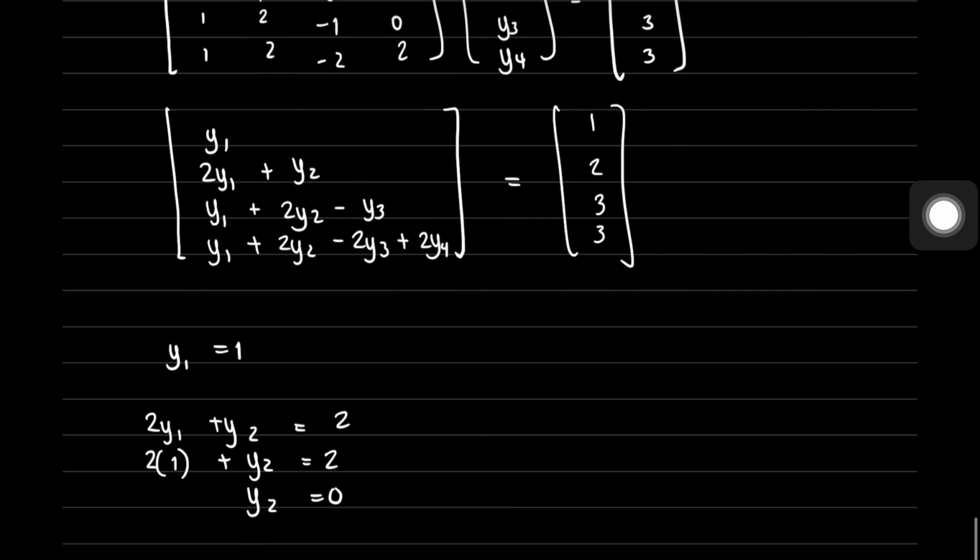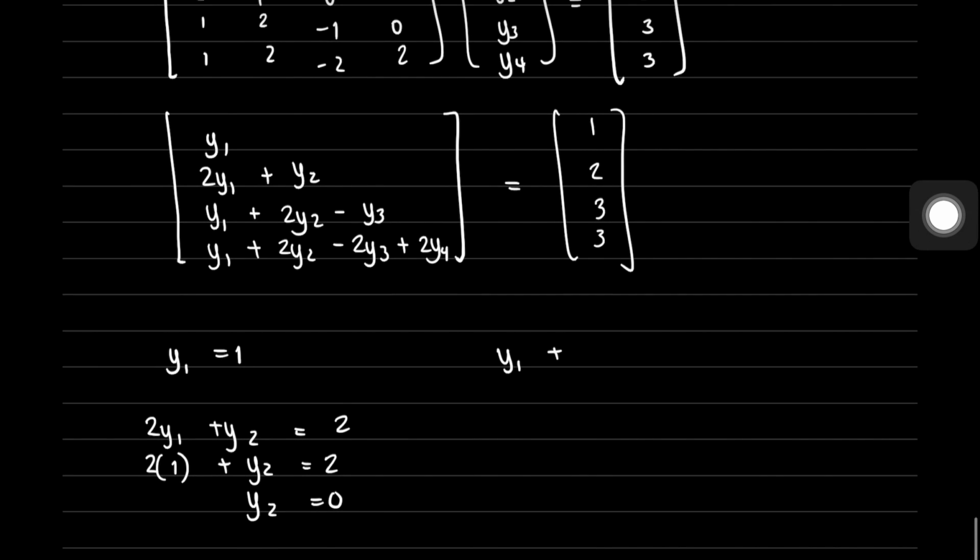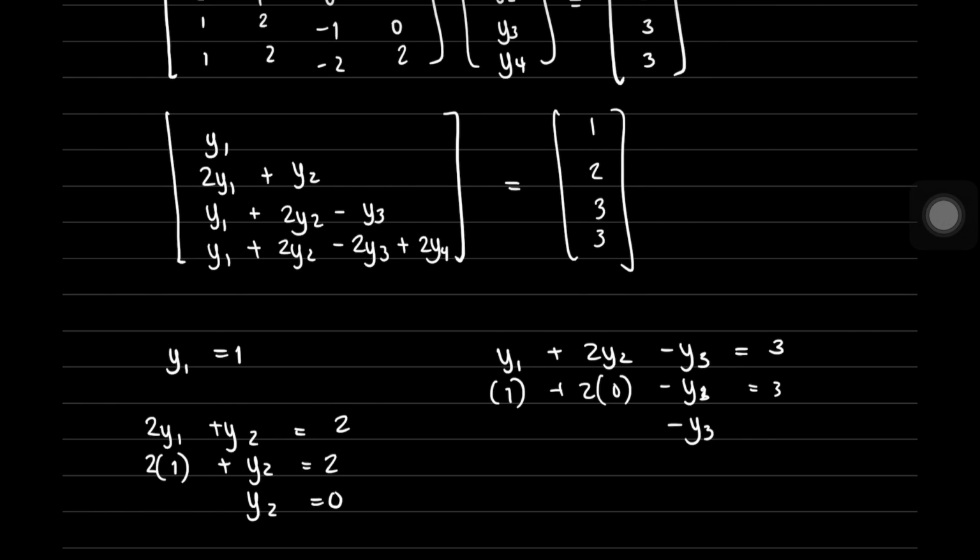So for y3, we have y1 plus 2y2 minus y3 equals 3. This is 1 plus 2 times 0 minus y3 equals 3. So negative y3 is equal to 3 minus 1, so that's equal to 2, so y3 is equal to negative 2.